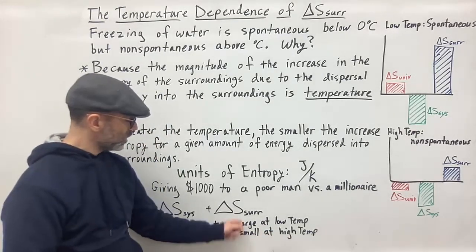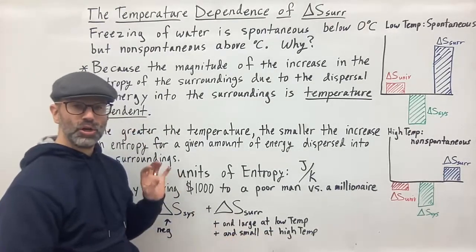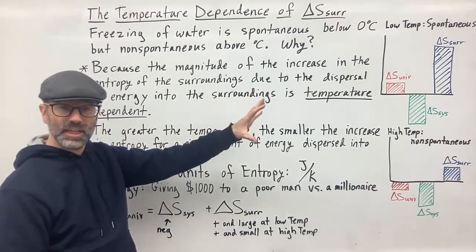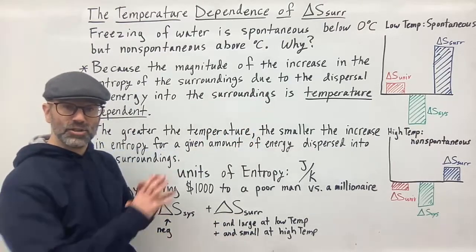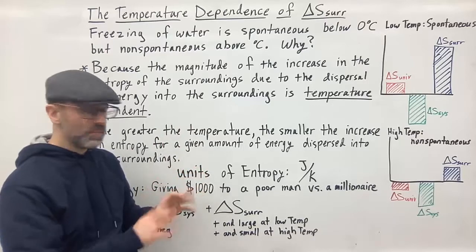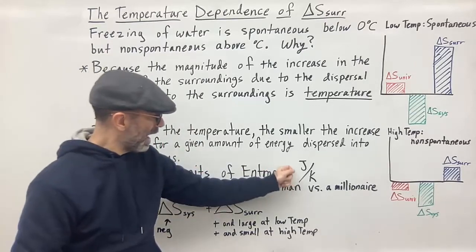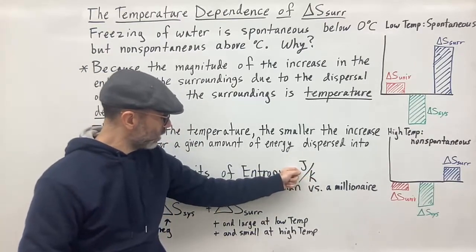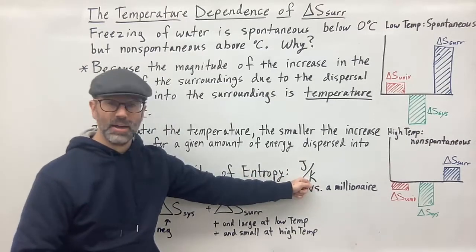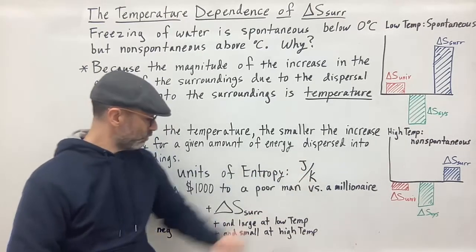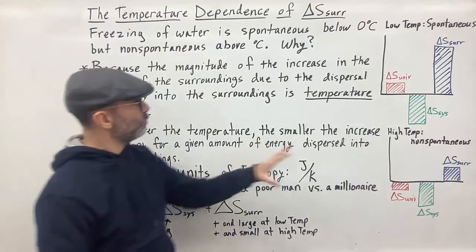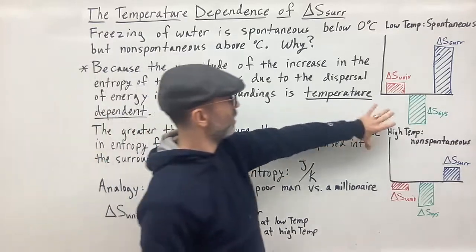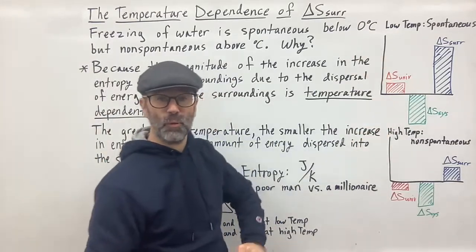So even though you're dispersing energy into the surroundings and the energy of the surroundings is increasing, how much of that energy has an effect on entropy depends on the temperature in Kelvin, right? So we can view this in the same graph we did before.